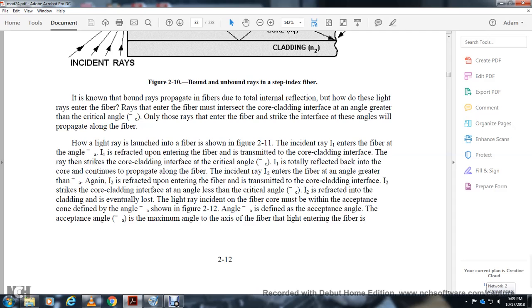Eventually, the light ray entering the fiber core must be within the acceptance cone, defined by the angle of incidence, shown in figure 2.12. The angle theta A is defined as the acceptance angle. Theta A is the maximum angle at which light entering the fiber will propagate.